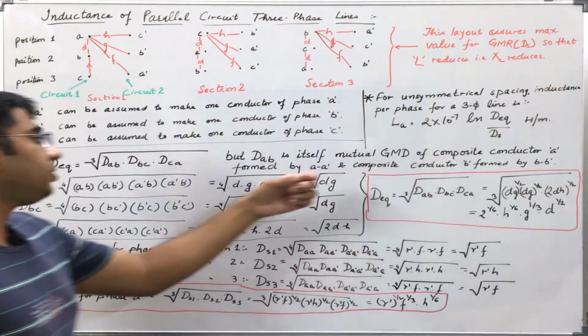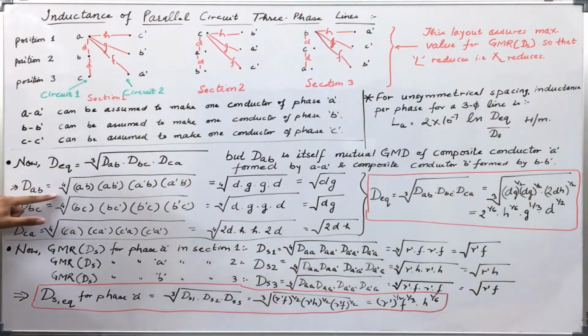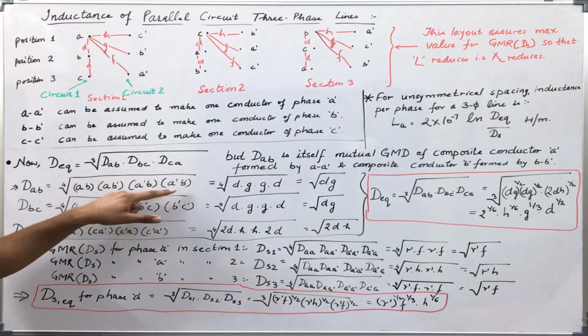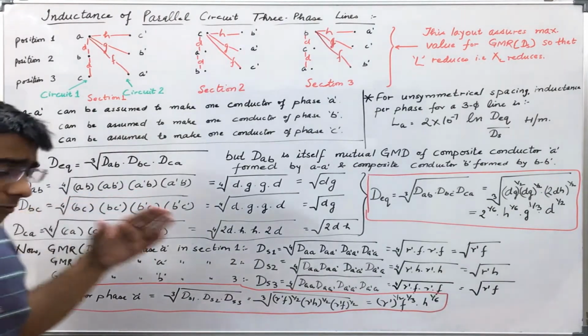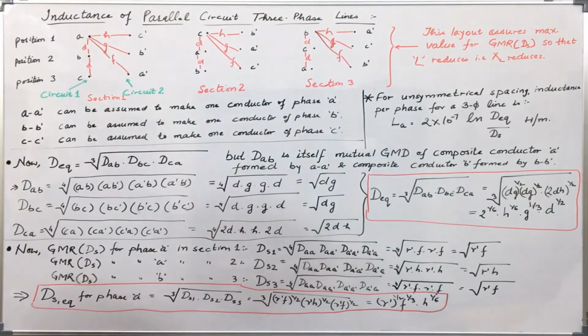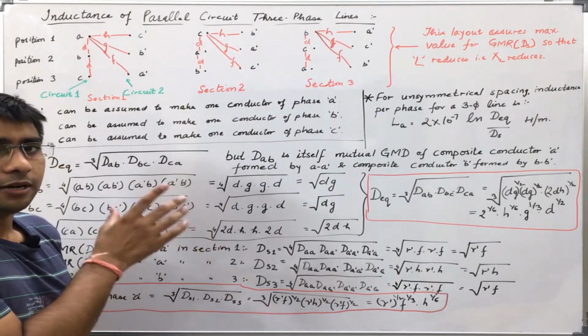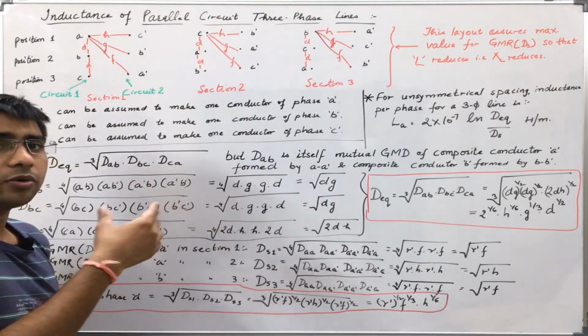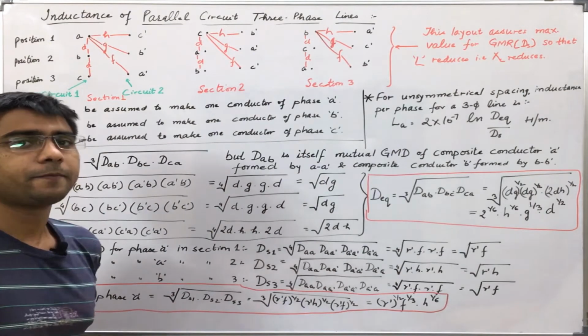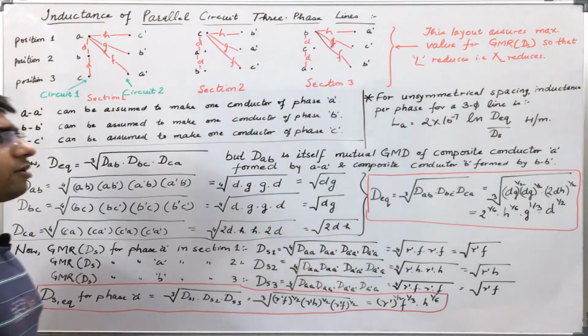I will calculate it using this formula. DAB can be written as the 1/4 power of AB distance, AB dash, A dash B, A dash B dash. If you do not understand how I got this formula, I suggest you watch the lecture in which I have covered how to calculate the GMD. It is very easy to calculate GMD.